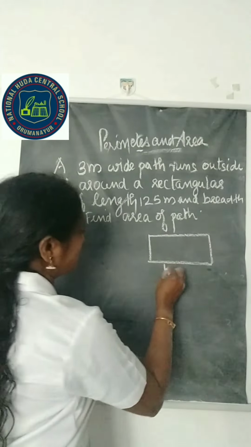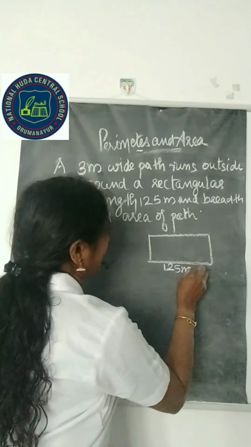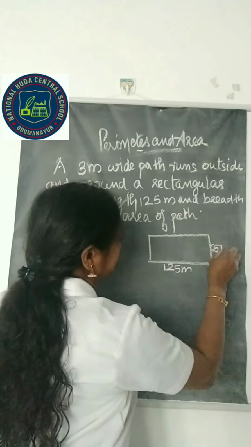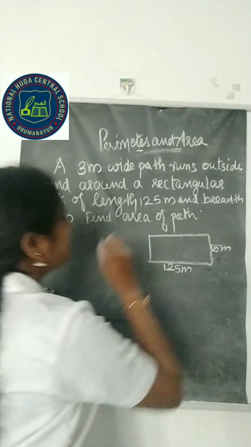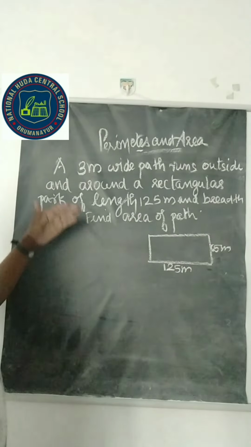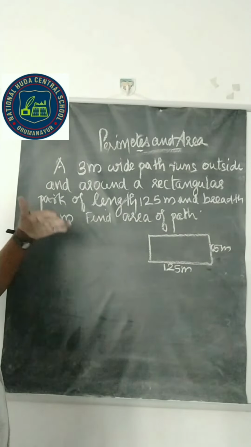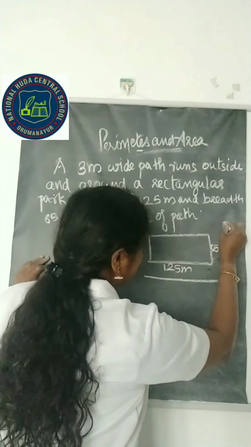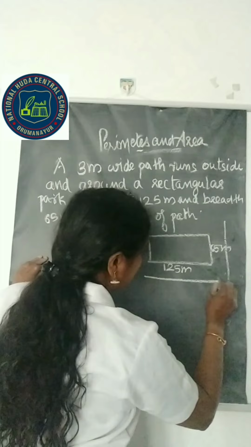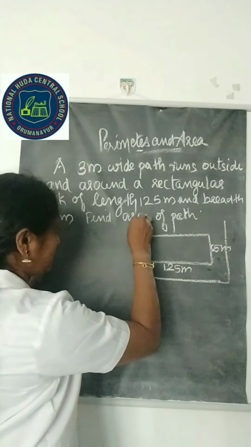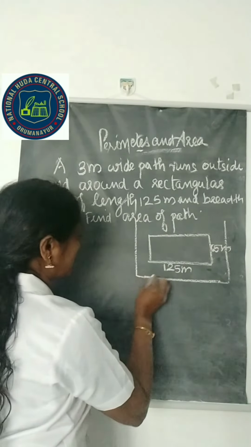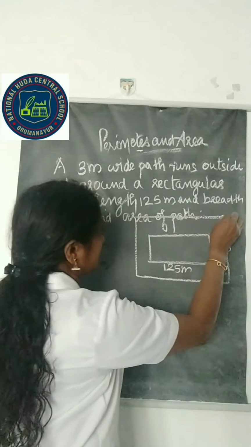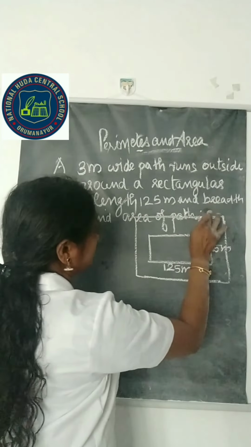Its length is 125 meter and breadth is 65 meter. Now, a 3-meter wide path runs outside, so there is a path outside this park. And its width is given as 3 meter.